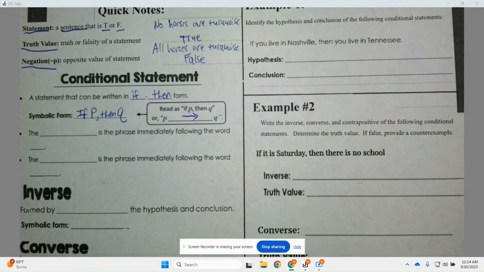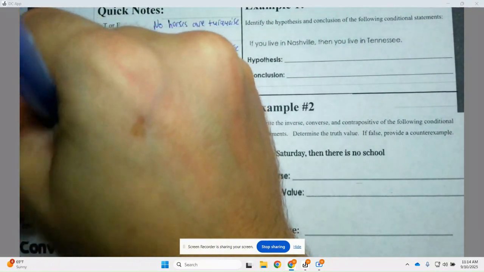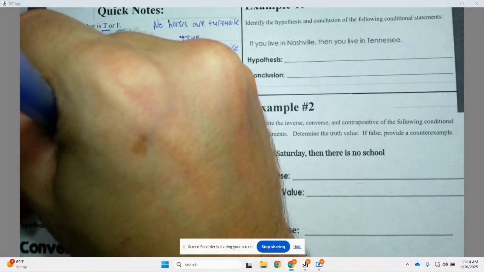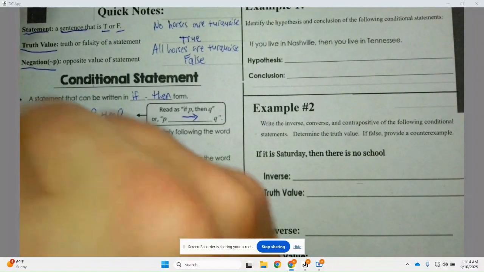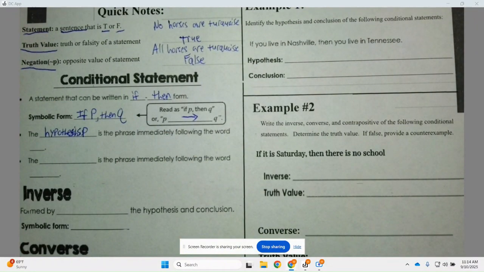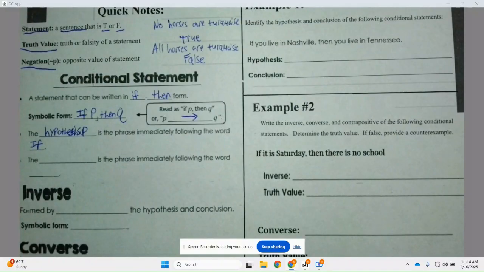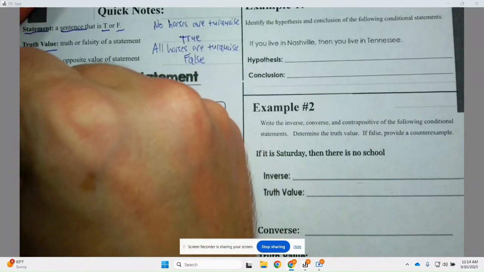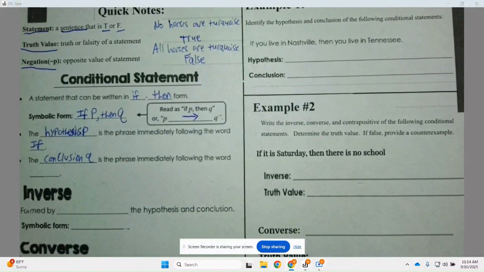Now, P and Q have very specific names here. The first is the hypothesis. Hypothesis P is a phrase immediately following the word if. And then the conclusion, Q, is a phrase immediately following the word then.